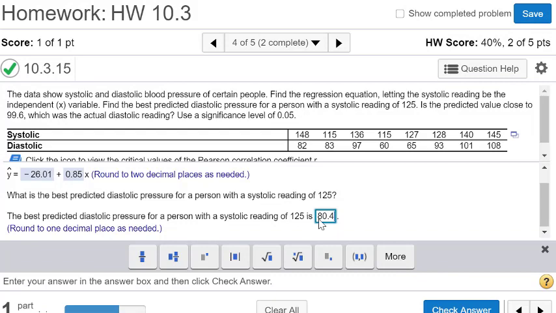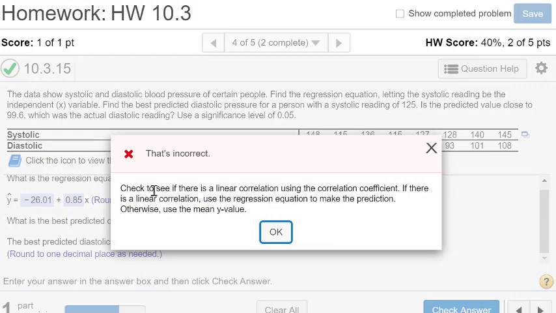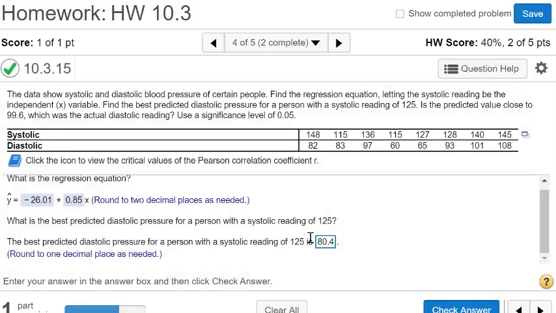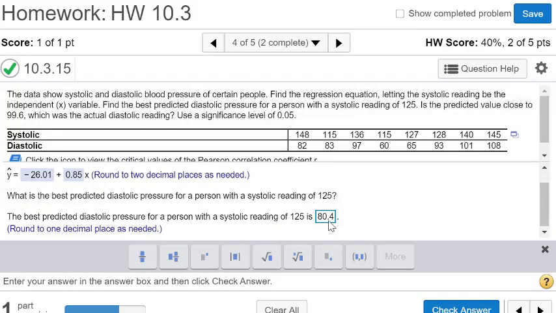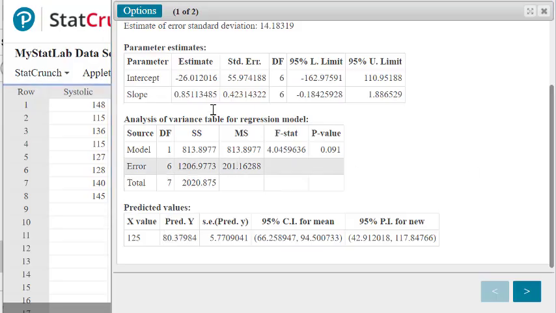It's not going to be correct because we saw that there was no correlation. So if we hit enter here, it says to check to see if there is correlation. If there is correlation, use the regression equation to make the prediction. Otherwise, use the mean of the y values. So this is not correct. Let's fix it. We want to find the mean of the y values.